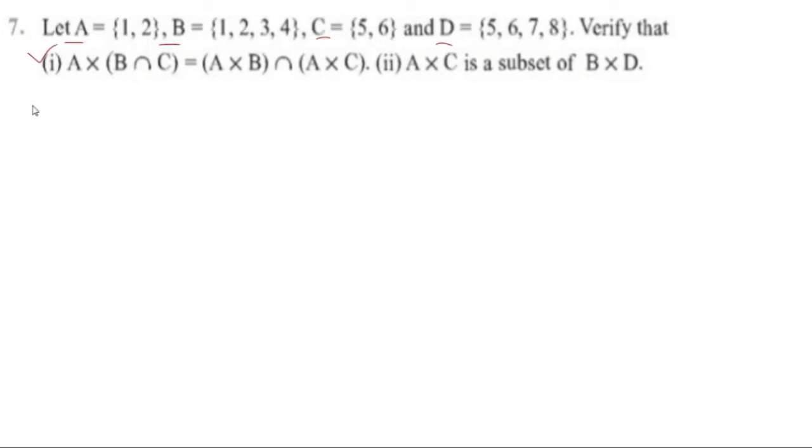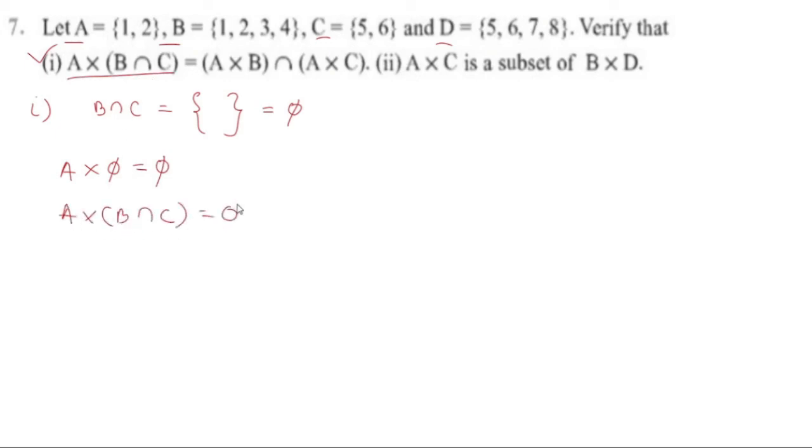First of all, in the first statement, let us find B intersection C. You can see that there are no common elements between B and C, so this is an empty set. So the cross product of any set with an empty set will be phi. So A cross (B intersection C) will be phi.